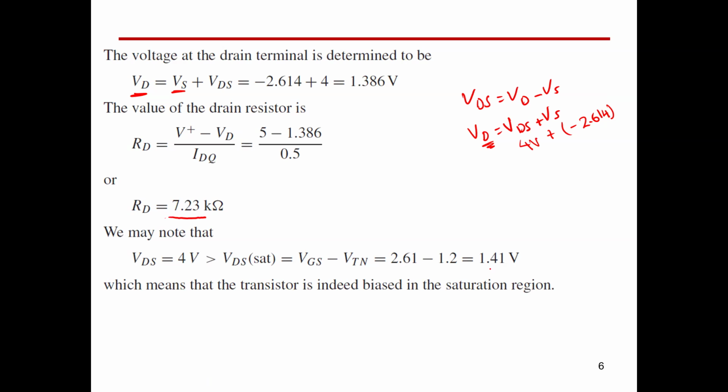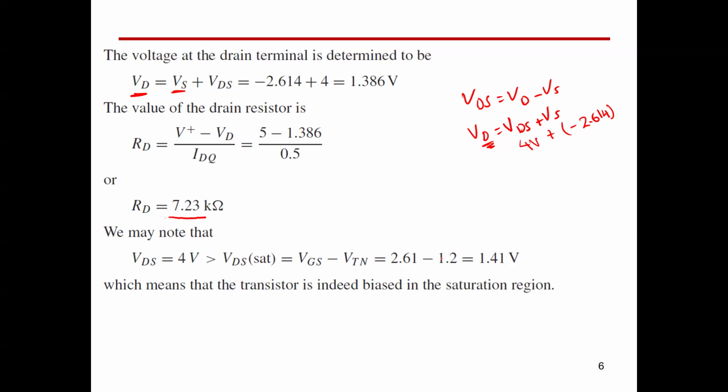And from the beginning, to be honest with you, having VDS equals plus 4, for small power MOSFETs this is going to be in saturation region, because the characteristic moves from linear to saturation at very small values of drain to source voltage. So 4 volt is large enough to operate most low power MOSFETs in saturation mode.